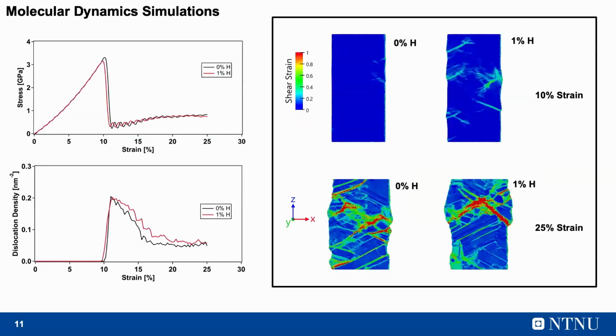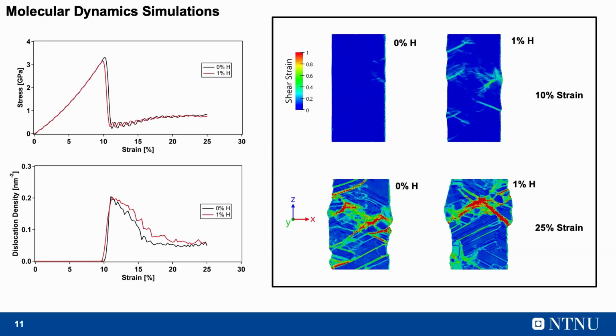So let me continue with the results. Similar to the experimental ones, we see a decrease in the yield stress after we load the system with hydrogen. And you can see in this figure the images taken at 10% strain for the hydrogen and pure case.